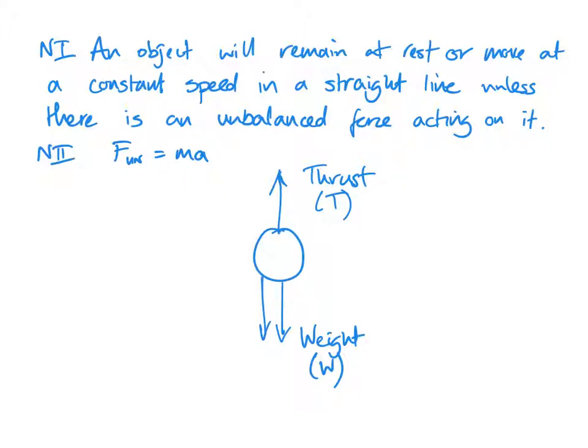Make sure my arrow touches the object. Except we'll see that in most examples we're going to neglect air resistance. One way of getting around that is that often in the questions you get things like at the moment of launch. Well, at the moment of launch the rocket isn't moving, so it doesn't have any air resistance at that point. And once again, only the thrust and the weight.